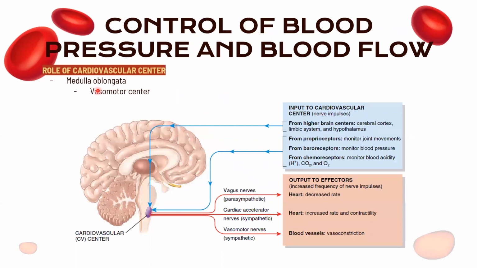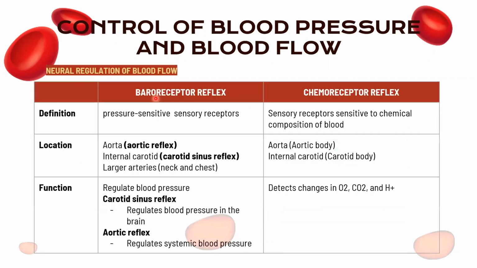Then the control happens in the medulla oblongata vasomotor center. There is a baroreceptor reflex and a chemoreceptor reflex, which are the neural regulation of blood flow.